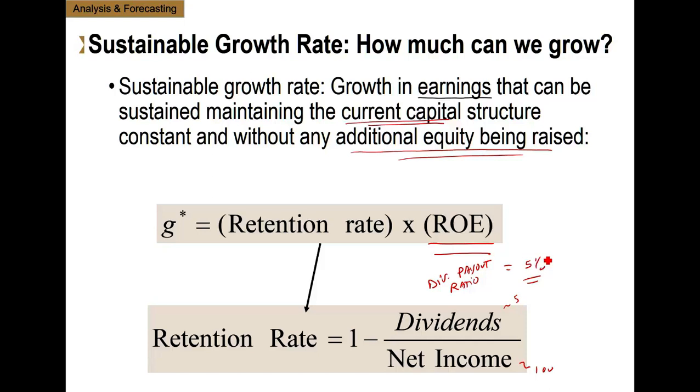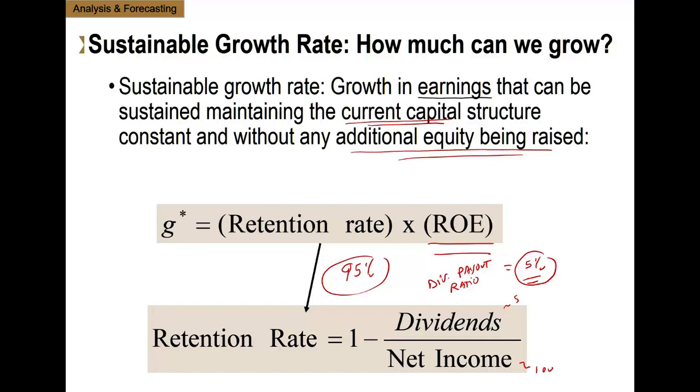If the payout ratio is 5%, what is the retention rate? Well, 5% is the portion of net income that we're paying out as dividends. That's why it's called the dividend payout ratio. So 5% of our net income is being paid in dividends. Therefore, how much are we retaining? Well, 1 minus that would be, in this case, 95%. So the retention rate is 95% and the payout ratio is 5%.